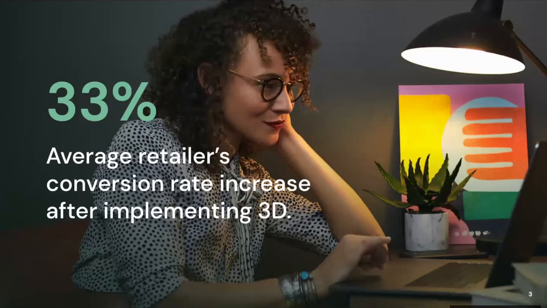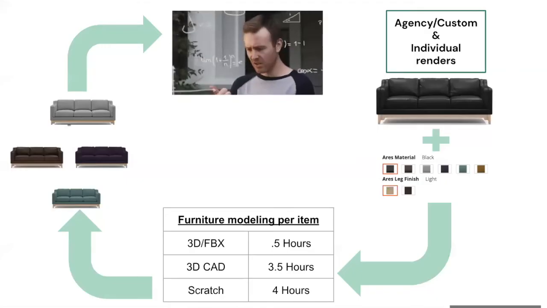So I wanted to walk through a couple of the options that you have utilizing 3D. Typically when a customer comes to us or a prospect comes to Threekit, they're comparing us to an agency, a custom build out, or really just individually rendering out every single different combination of their product.